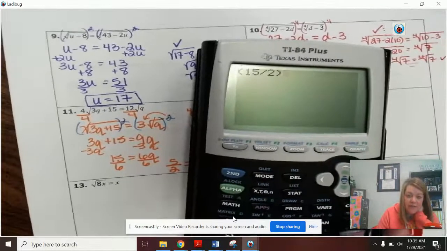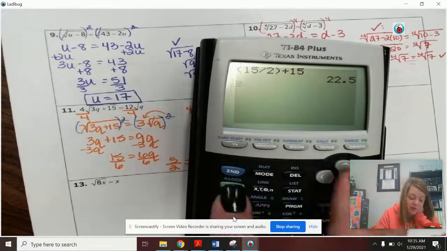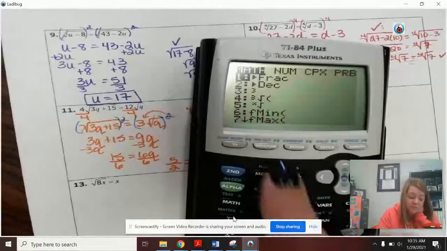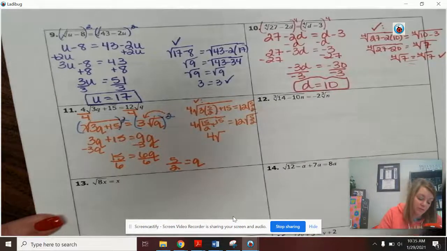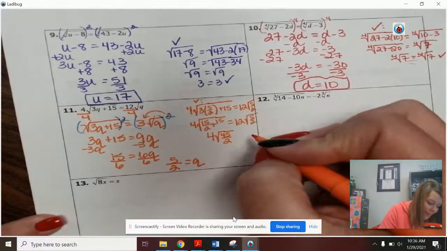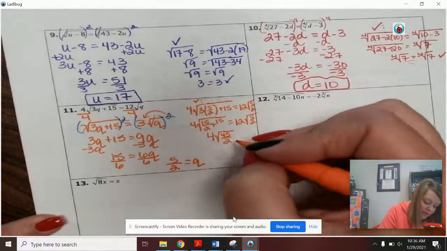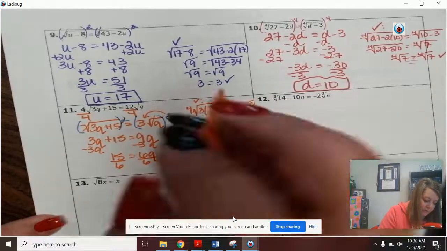And then add 15, and you get a decimal, but if you want to put it back into fraction form, you just go under math, and number 1 says take me back to a fraction, and I get 45 over 2. So I'm going to use 45 over 2 equals 12 square root 5 over 2.